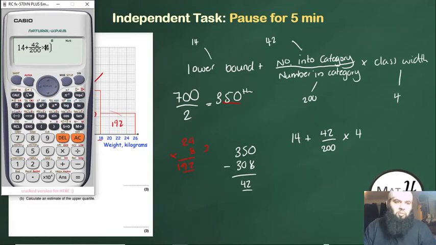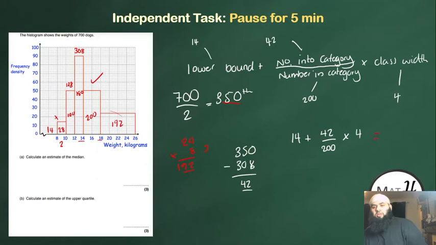You don't have to put brackets around it, but just to be on the safe side, brackets, and we should get our median to be 14.8. So 14.8 kilograms is the median.